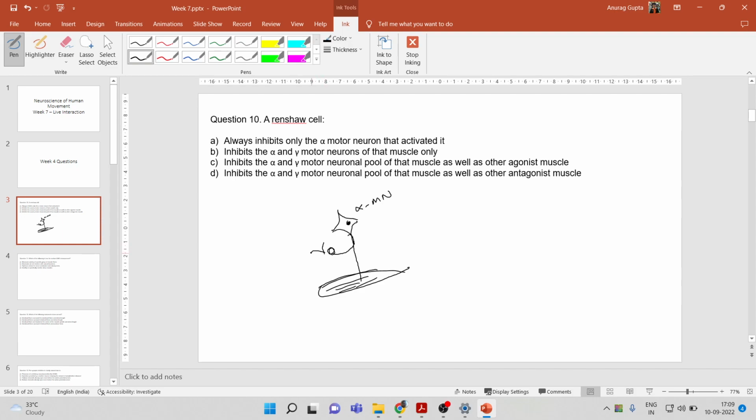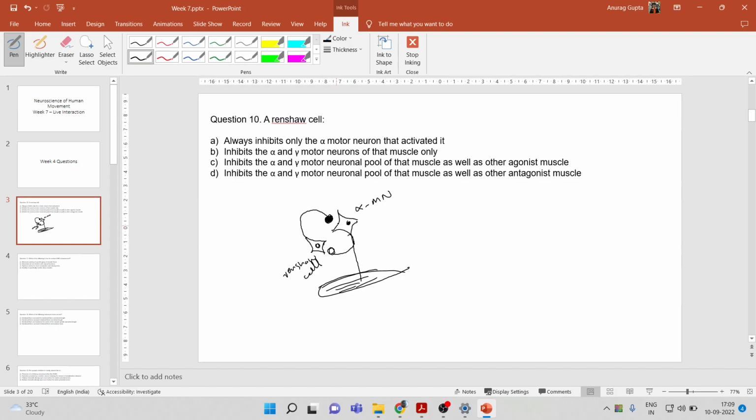So this is a Renshaw cell, and what the Renshaw cell does is that one of its axons goes and inhibits the alpha motor neuron that itself excited it in the first place.